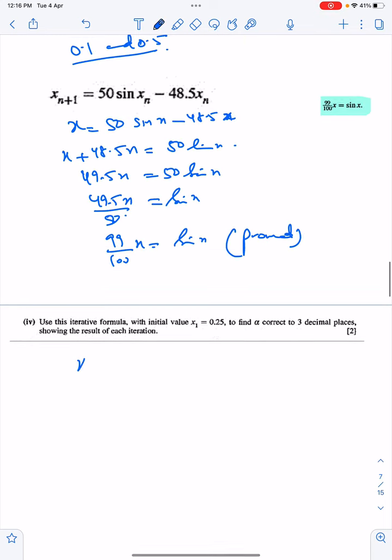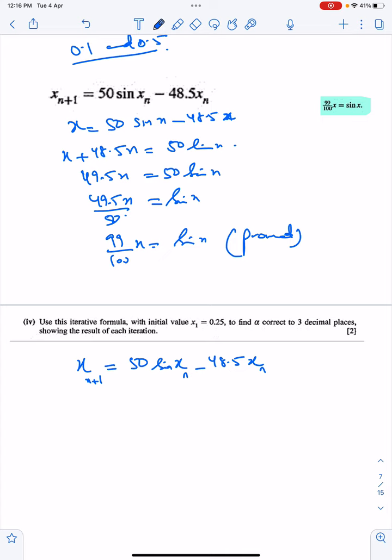Okay, so you have to use the iterative formula which I am copying here: x n plus 1 equals 50 sin x n minus 48.5 x n. They have given us the initial value.